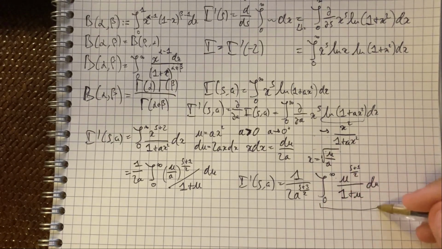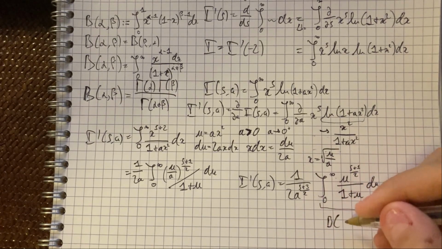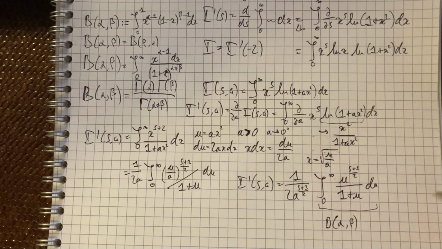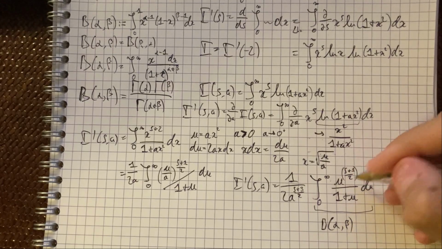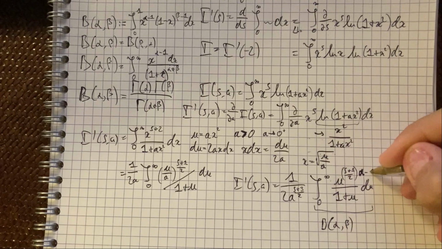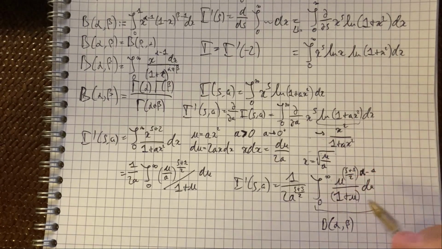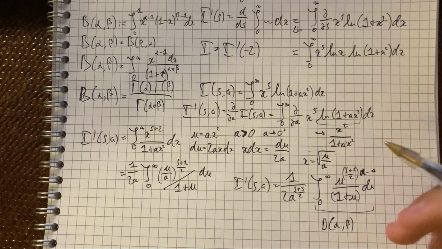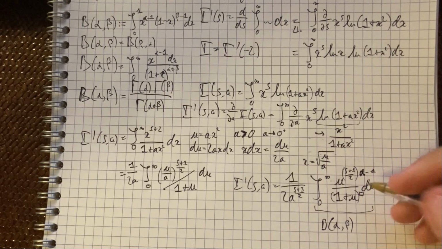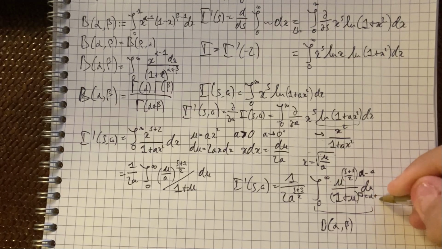We know that this is beta of alpha, beta, where this is u to the alpha minus 1, and this 1 plus u is to something power, which is alpha plus beta.